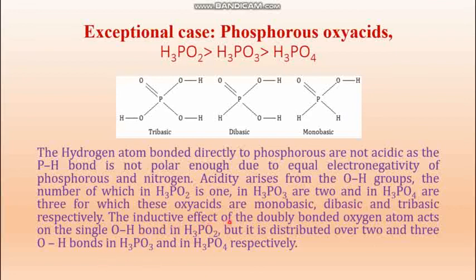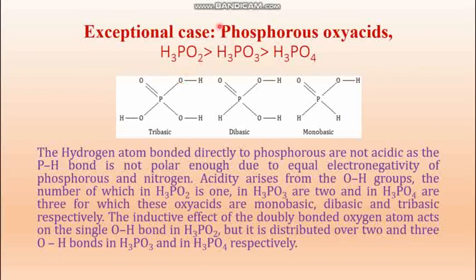The inductive effect of the doubly bonded oxygen atom acts on the single O-H bond in H3PO2, but it is distributed over 2 and 3 OH bonds here and here respectively. So due to the distribution of the pulling effect of electrons from this oxygen, they will feel the least pulling, so they will be the least acidic.